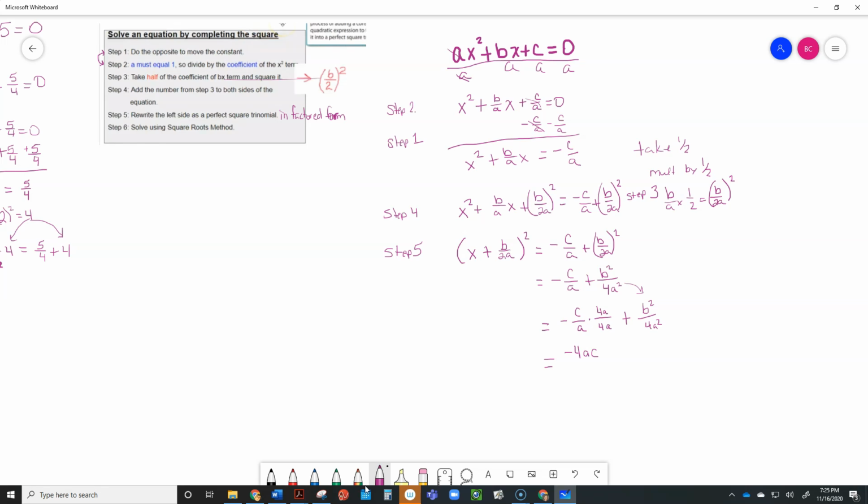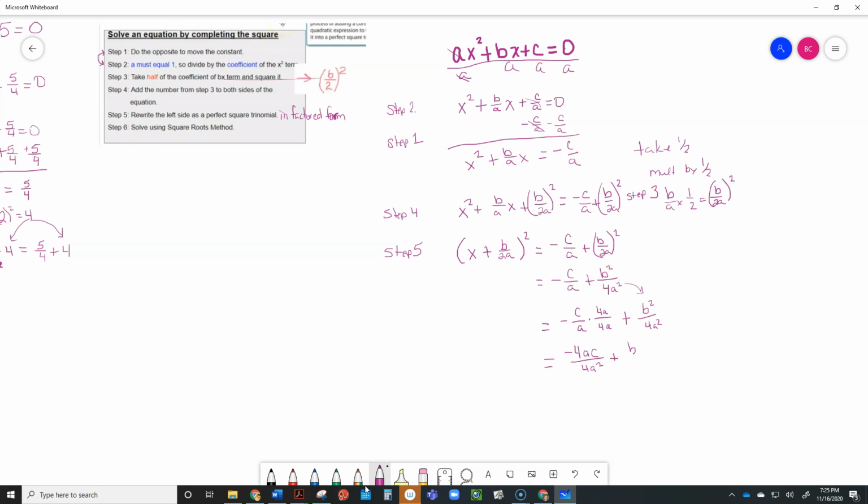So negative c times 4 times a, this is the same thing. I've just reordered the order in which I wrote them down. Multiplication, it doesn't matter. You get the same answer regardless of what order you multiply them in. And on the bottom right here, I get a times 4 times a. Well, that's 4a squared.